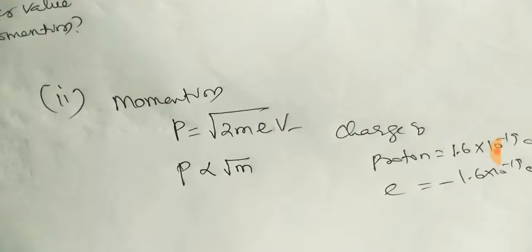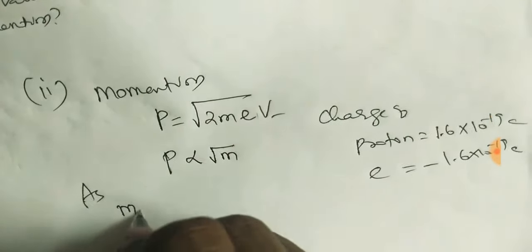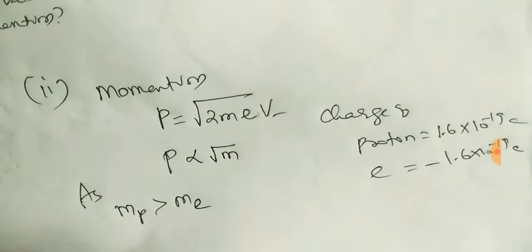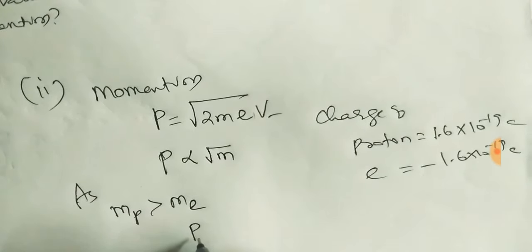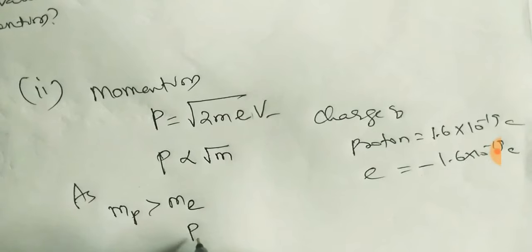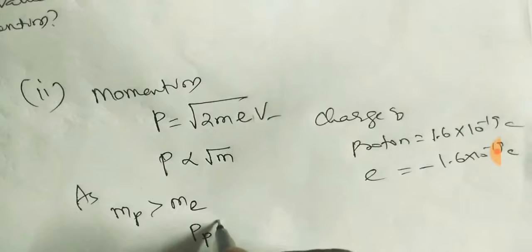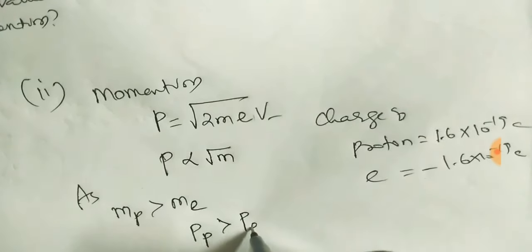We know that the mass of the proton is greater than the mass of the electron, so the proton's momentum will be greater than the momentum of the electron.